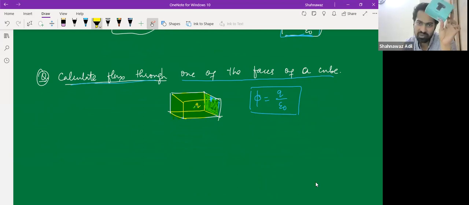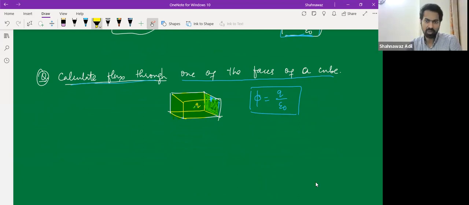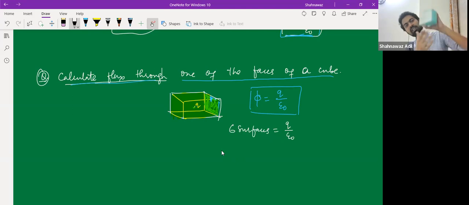So how many surfaces do we have? Six surfaces. So you see that from six surfaces, the flux is Q by epsilon, right? But we have to calculate the flux from only one surface. Understood, sir?